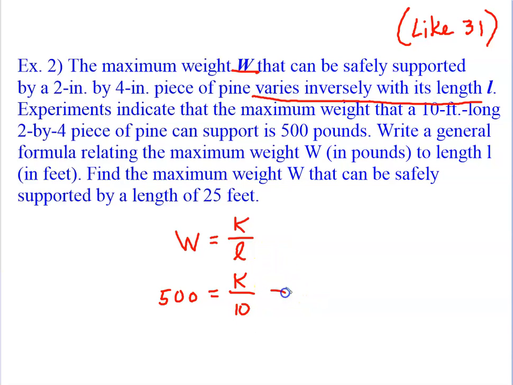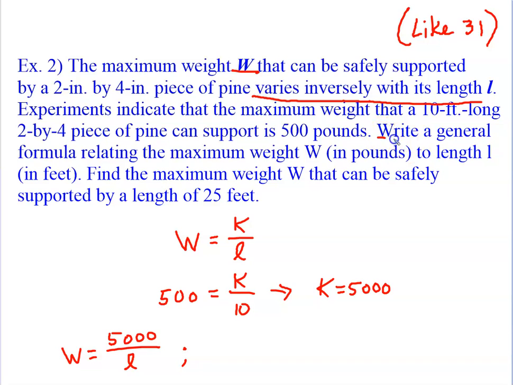So according to this, K is 5,000. So our equation for this particular problem that we're going to use to answer the question is going to be W equals 5,000 divided by L.